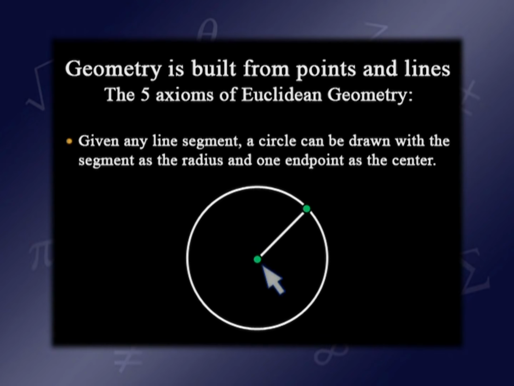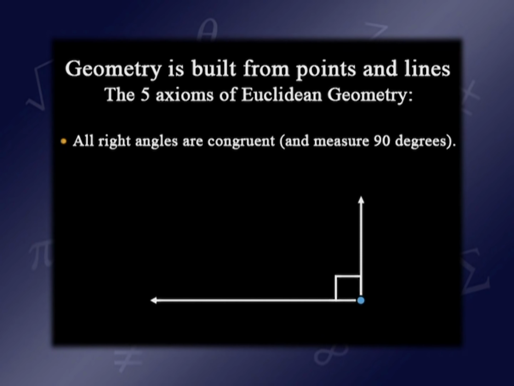Okay, so here you have a point and you have a radius, and the circle consists of all points that are that same distance from the center of the circle. The 4th axiom says that all right angles are congruent and measure 90 degrees. So anytime you see 2 perpendicular lines meeting, then they're meeting at an angle of 90 degrees. The number 90 is somewhat arbitrary, but that's what we use.